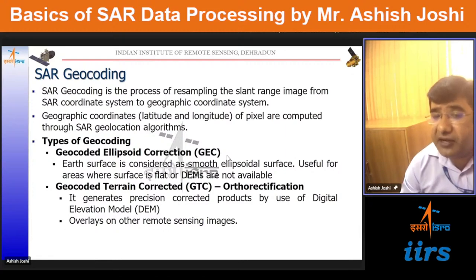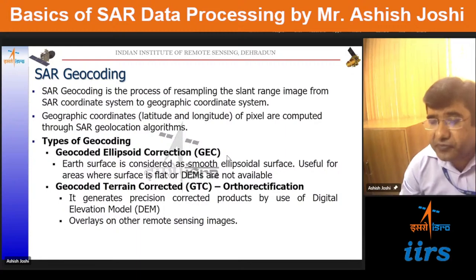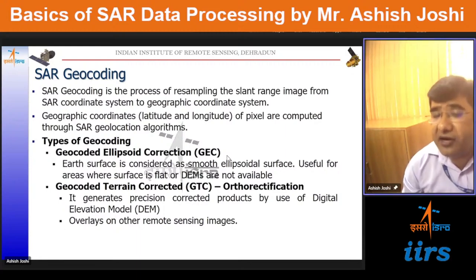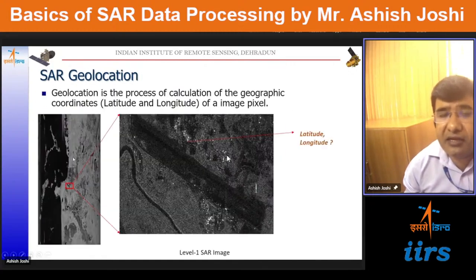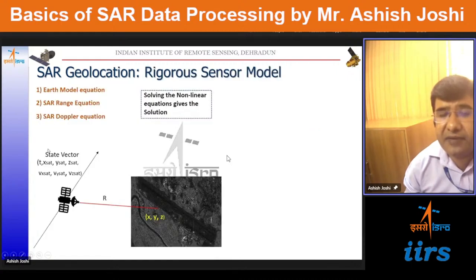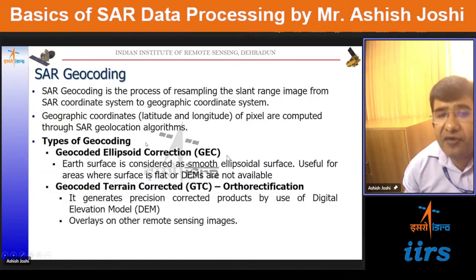We can create these geocoded ellipsoid corrected products for the proper geographical coordinate system, because this data is not towards true north. It is in the sensor geometry, with this the range direction and this the azimuth direction, but we have not resampled the data in the proper map geometry.